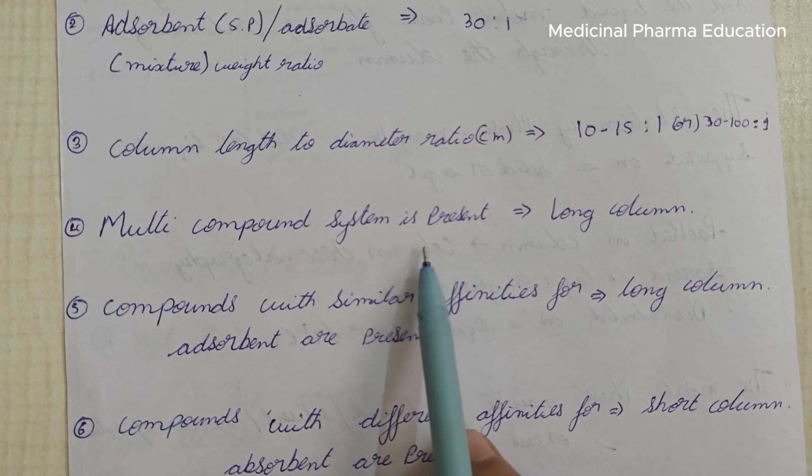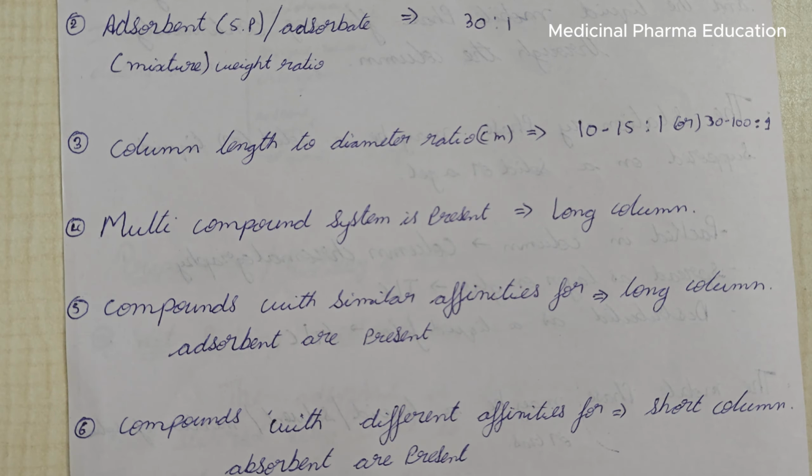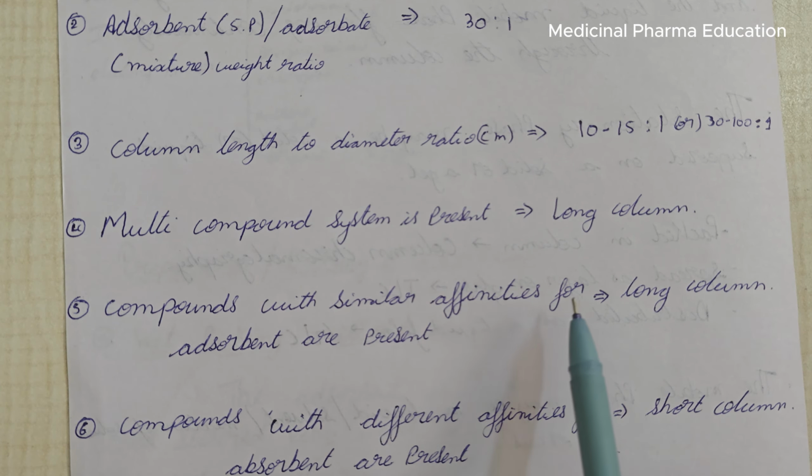If a multiple component system is present, use a long column. Sorry, I mispronounced it; it is not compartments, it is components. If components with similar affinity for the adsorbent are present, then it is a long column.